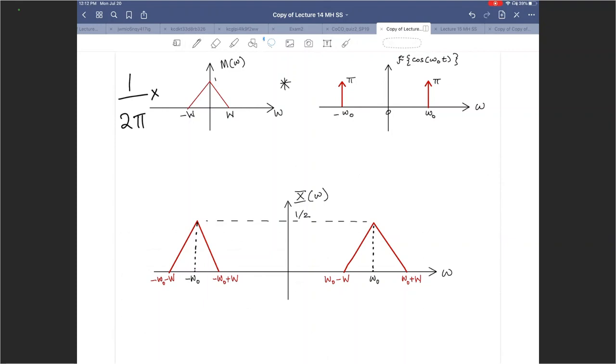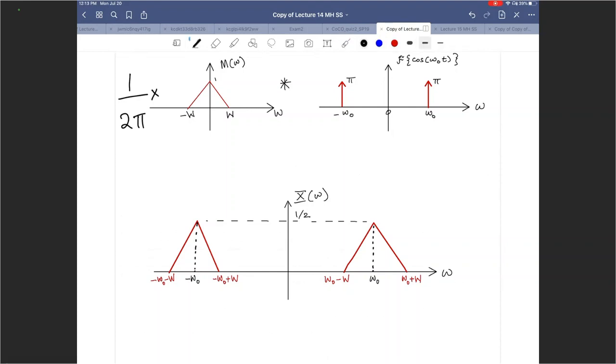So this is what you do at the transmitting end of things. You up convert a signal. You put the signal onto a carrier. You multiply it with a high frequency cosine signal. And what you transmit is going to probably look like this, X of omega. In frequency, it's the same triangle, but it is up converted, right?